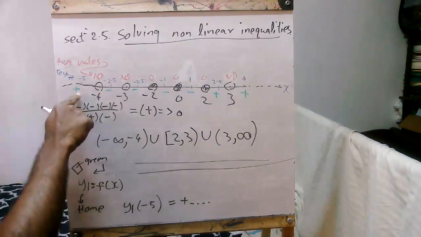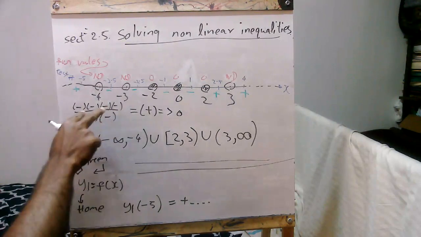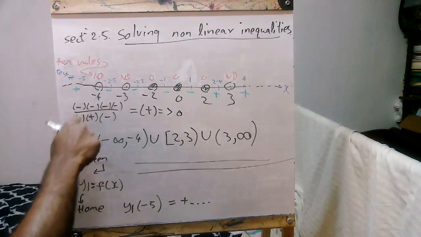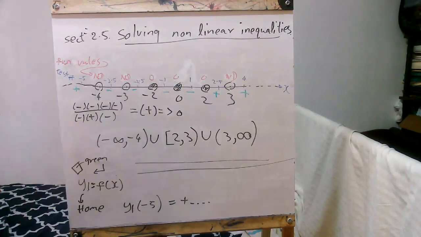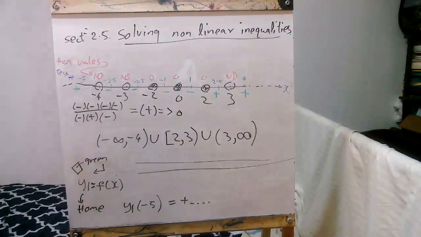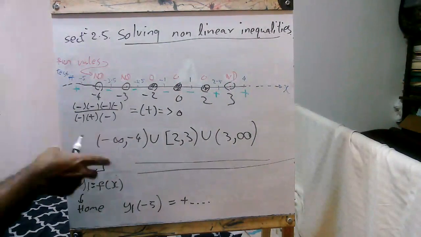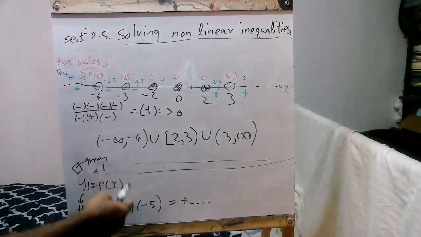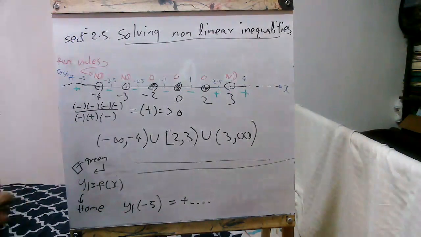Then you simply mark this as positive. That means you can get the sign without doing this as I showed you. That's the only convenience, but that's also not a big deal. But if you are having trouble or making mistakes, you can do it this way using the calculator.